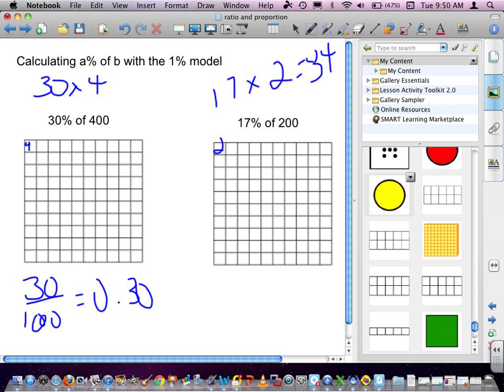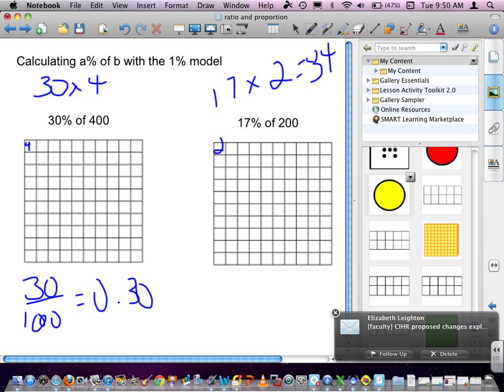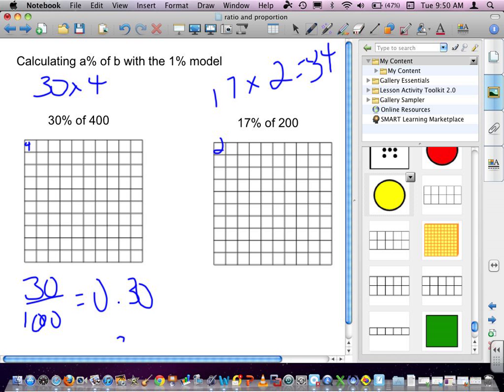So 30% is 30 out of 100 or 3/10. And when we take a fraction of something, what operation do we use? Multiplication. So when we do 30% of 400, we could write it as a decimal and then multiply: 0.3 times 400. This will give you the same answer.